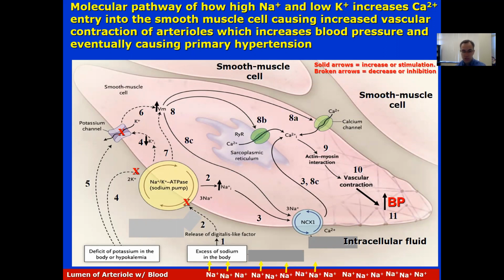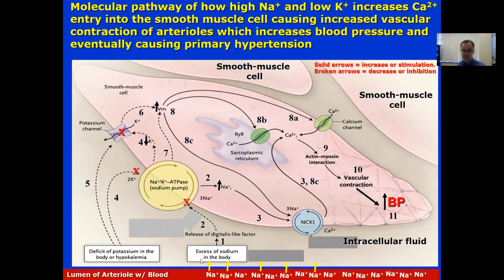So all of this, what we're going to talk about in just a little bit, has to do with increasing the amount of calcium in the vascular smooth muscle cell, because that's going to cause an increase in actin and myosin interaction, leading to vascular contraction and a more narrow space for blood to flow through, leading to an increase in blood pressure. So the link is, how does sodium that's been reabsorbed in the kidney, made its way to the arterioles, cause an increase in calcium in the vascular smooth muscle cell of the arterioles?